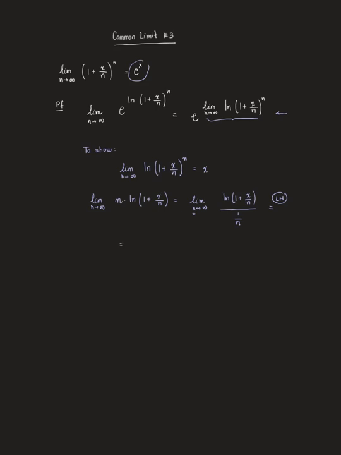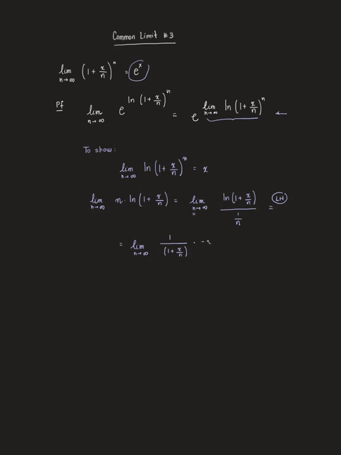So that's going to be the limit as n approaches infinity of the derivative of the natural log of 1 plus x over n. We know the derivative of the natural log of anything will be 1 over that input, 1 plus x over n. And by the chain rule, we have to multiply by the derivative of the inside with respect to n, which is going to be x n to the negative 1 power.